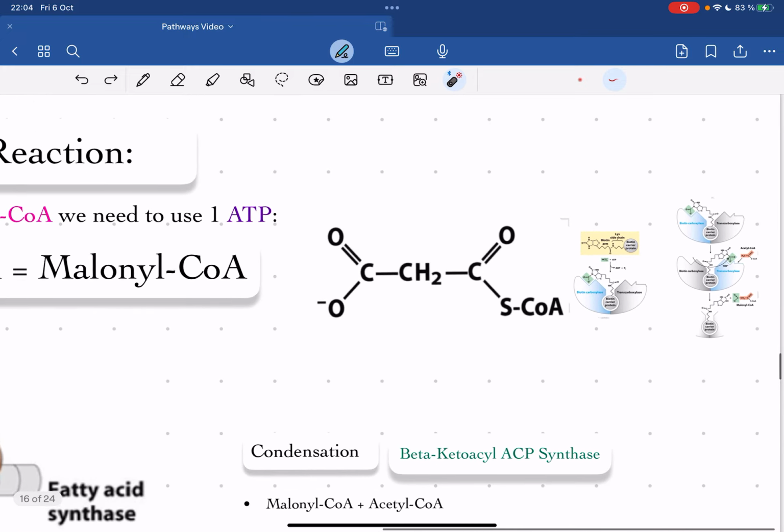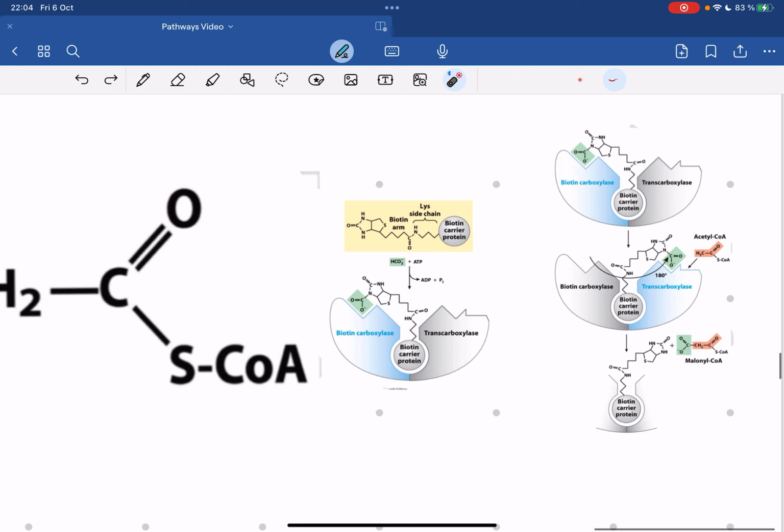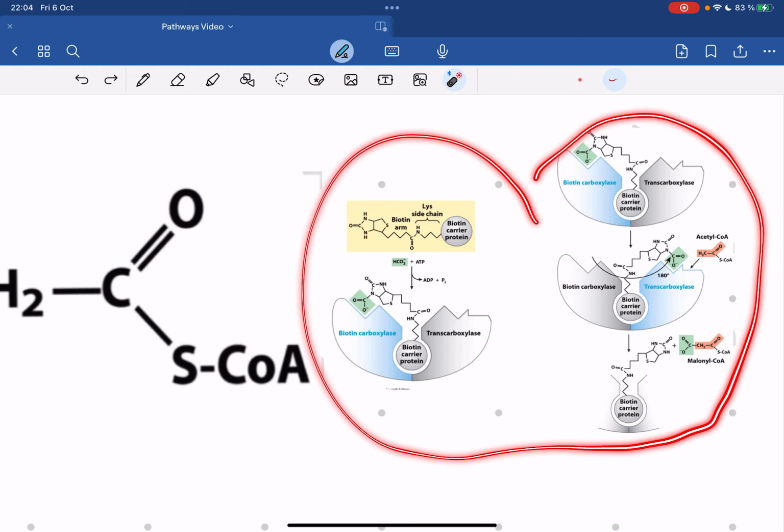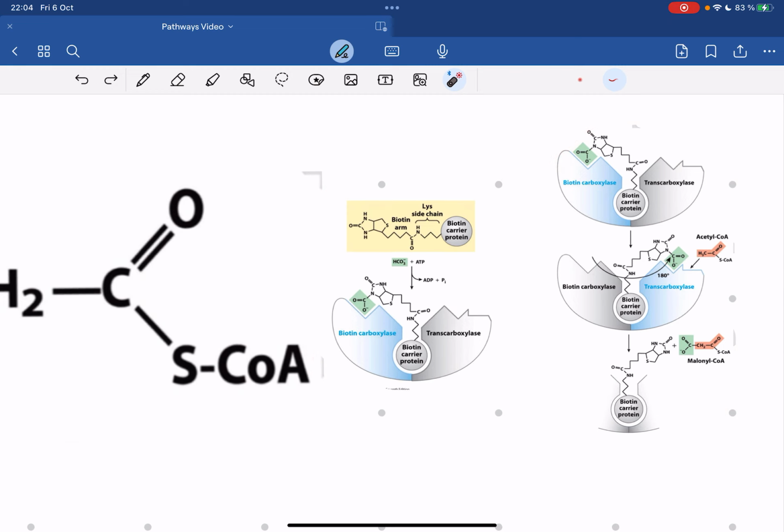And what happens here is the carboxylase reaction. So we have this big B7 molecule, and then we have the ATP here that's turned into an ADP. And sorry, my cat is being a little bit crazy.